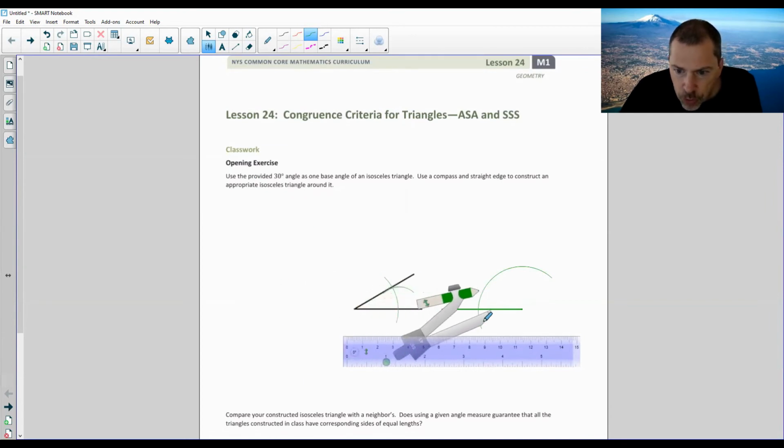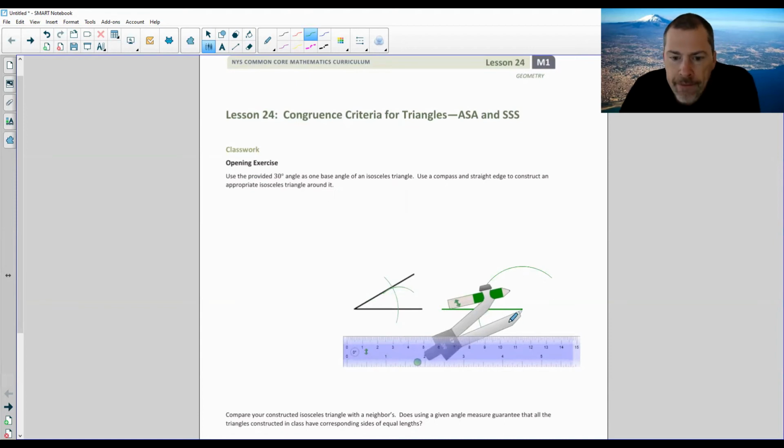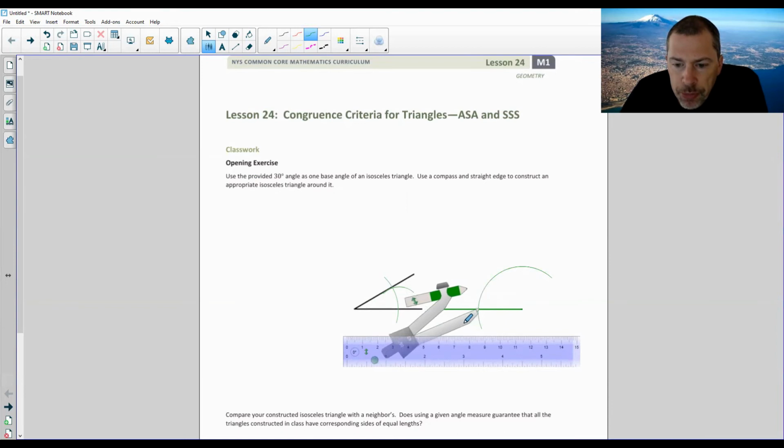Then I move this over to the end point here. I'm sorry, to this point right here, the intersection, and I draw an arc. It's off just a little bit, so let me just move that up.